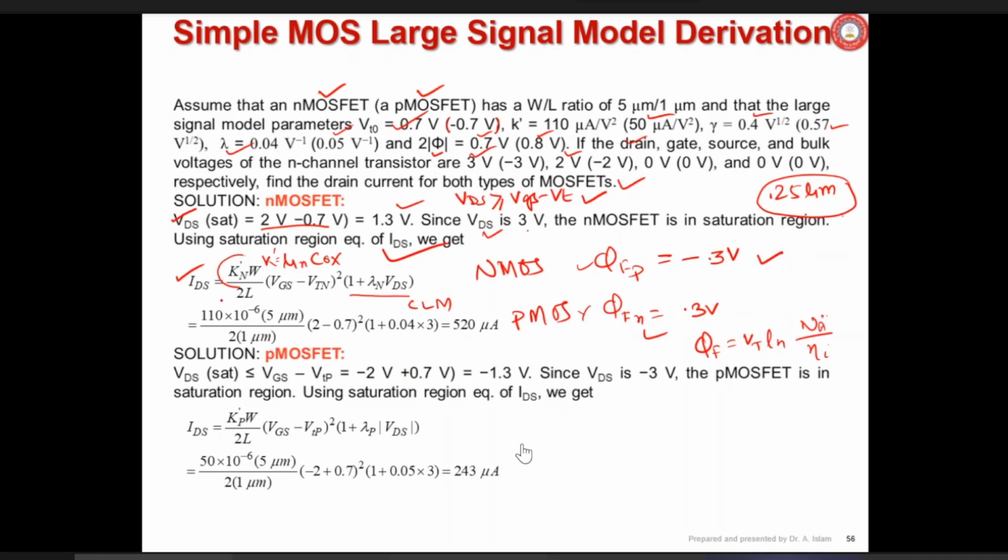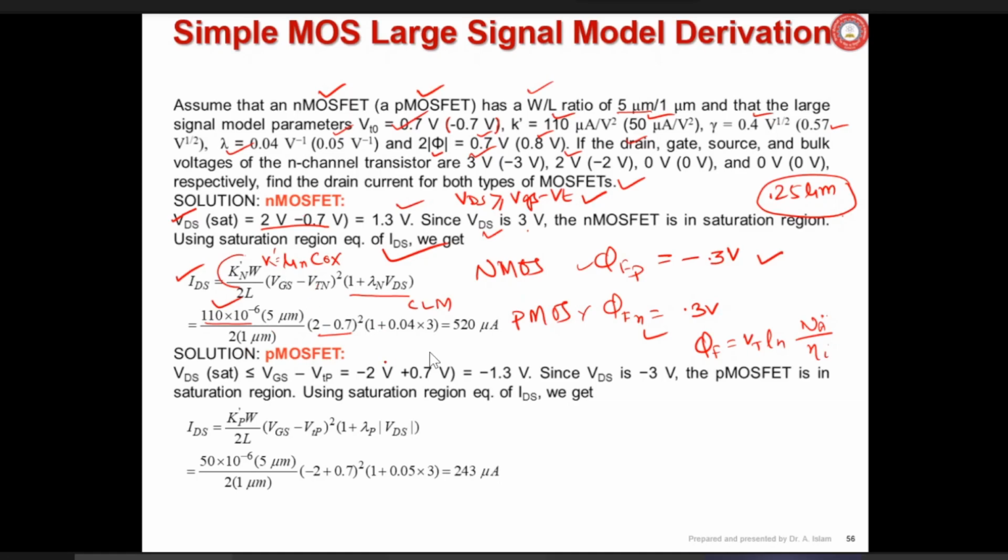Now putting in these values, Kn prime is given as 110 microampere per volt square. W is given as 5 micrometer width. Then this is VGS minus VT, which you have already seen here.